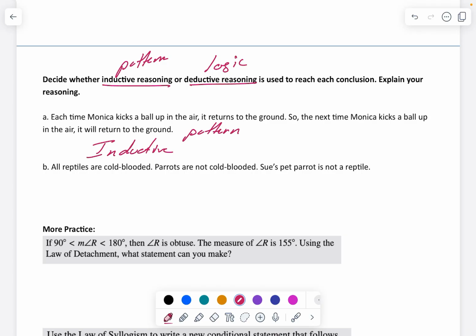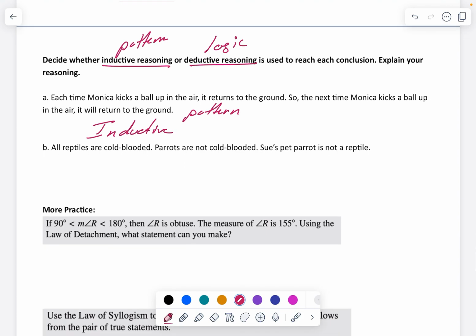Okay. It says all reptiles are cold-blooded. Parrots are not cold-blooded. Sue's parrot is not a reptile. So this is deductive, because Sue has a parrot, parrot means not reptile.